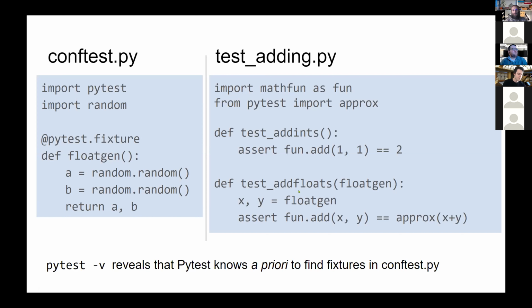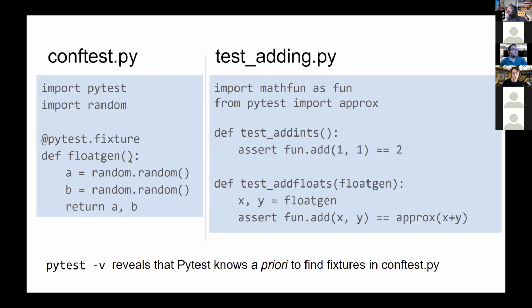What's this float gen? PyTest knows this file is called testadding.py. It doesn't see float gen in here, it doesn't see it imported. So it knows to go to conftest.py in the same directory, and it says, here we go.